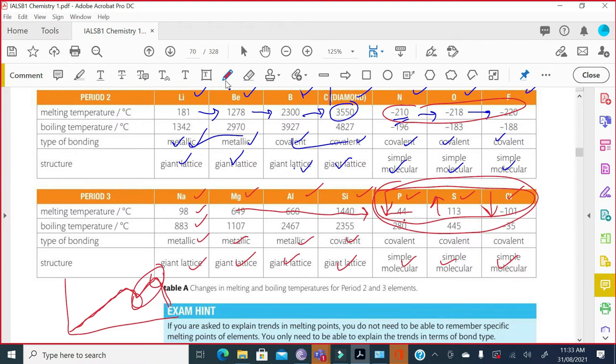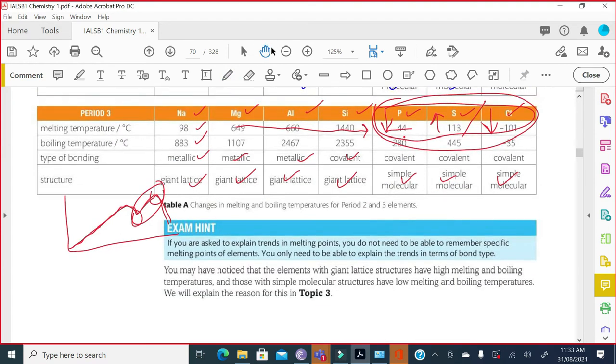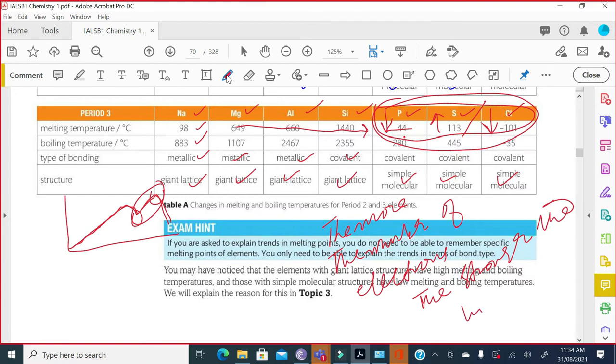For the intermolecular forces, keep this in your mind that the intermolecular forces in the non-metals depend on the number of electrons. The more the number of electrons, the stronger the intermolecular forces.